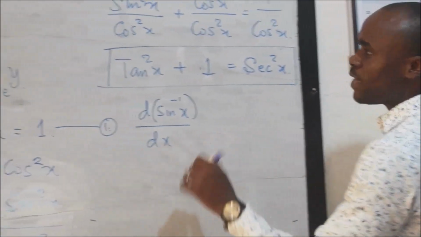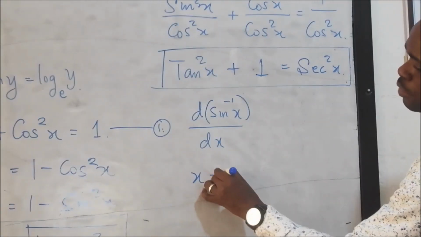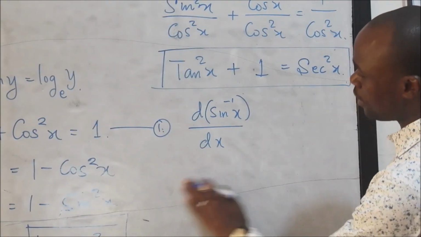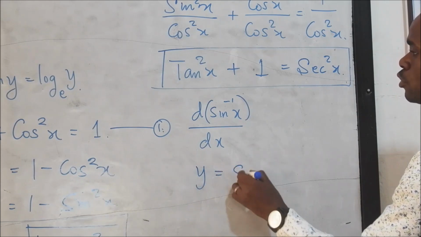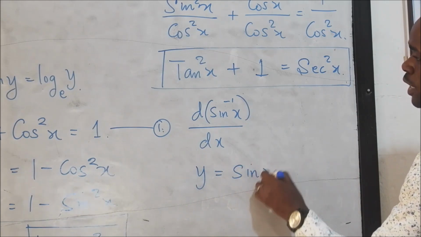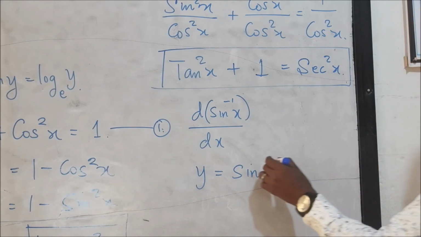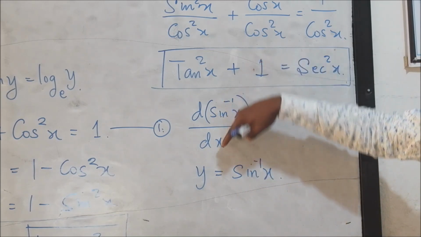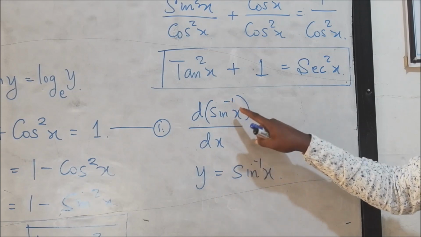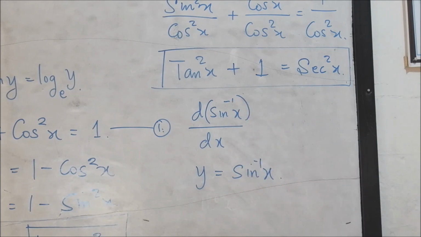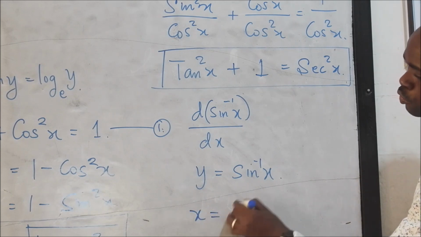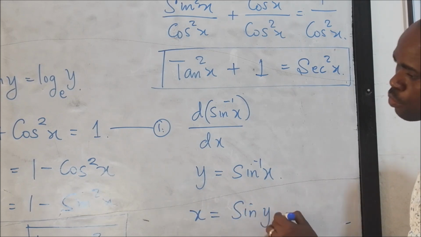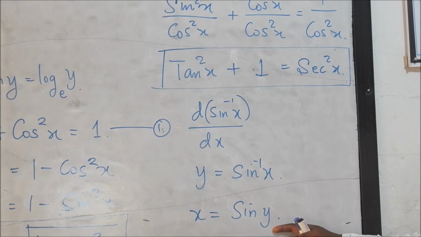Very easy. Let's take it from the beginning: y is equal to sine, or sorry, sine inverse of x, because we are trying to find dy/dx. So y is equal to sine inverse of x. And if that is true, we can rewrite this as x equals sine y.